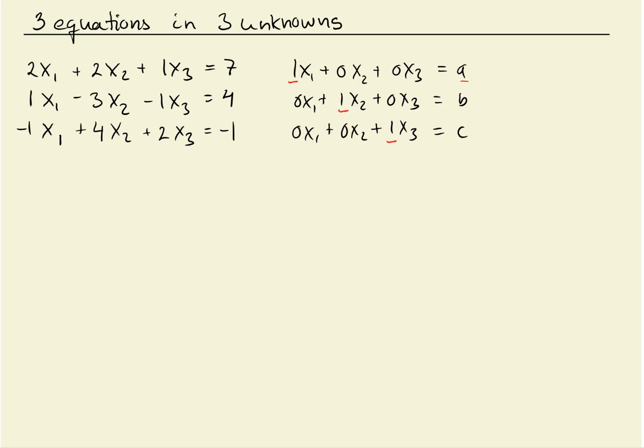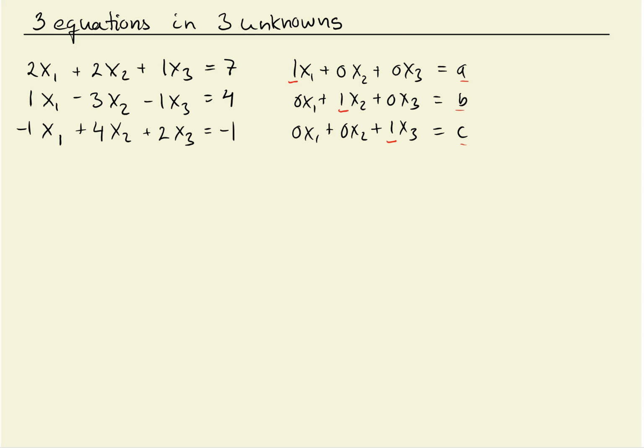And of course I have the three solutions out here as numbers. So that's how I want this to transform my equations. And that's what we're going to do now.